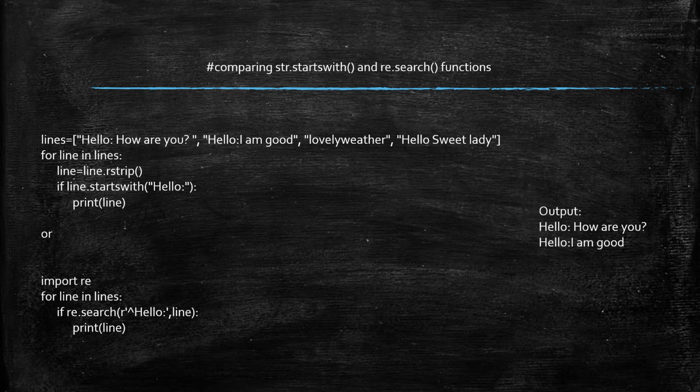If I get any line that starts with "hello:", then I would print that line. The two parameters in re.search will be first the string which I want to match, and second the line in which I want to match that particular string. Now if I run this program, I'm going to get the same output as shown on the screen.